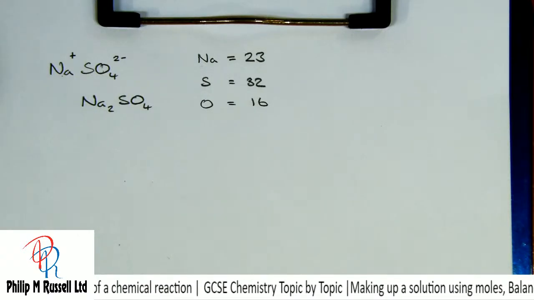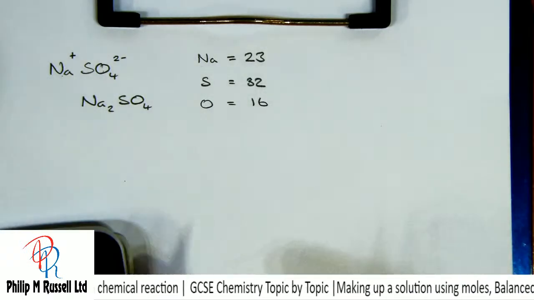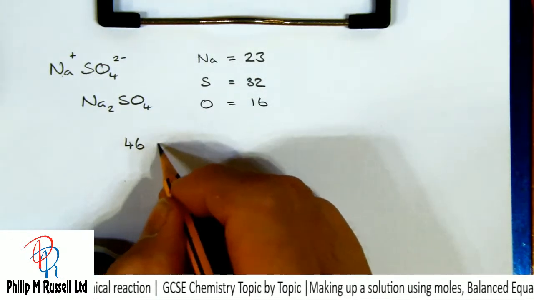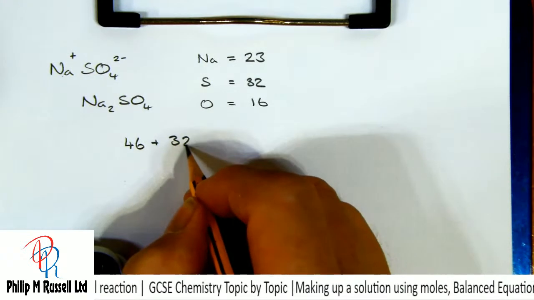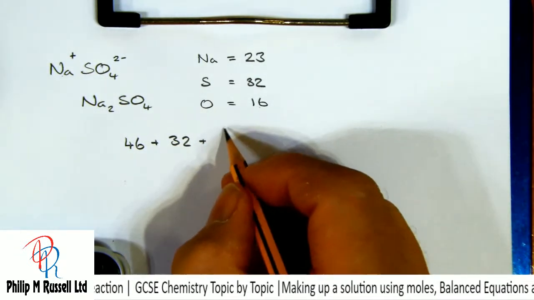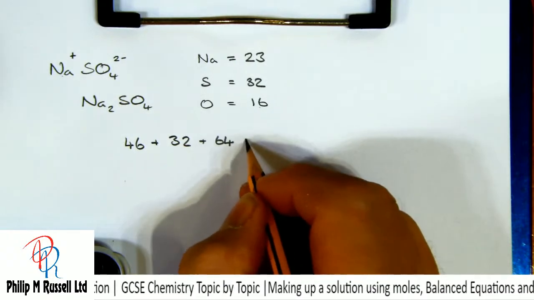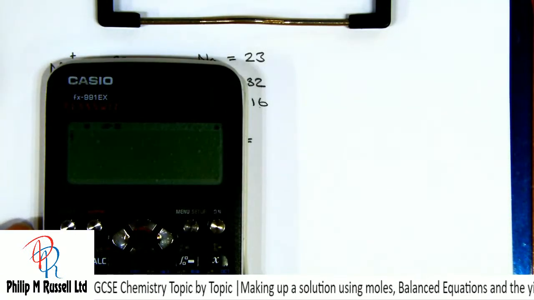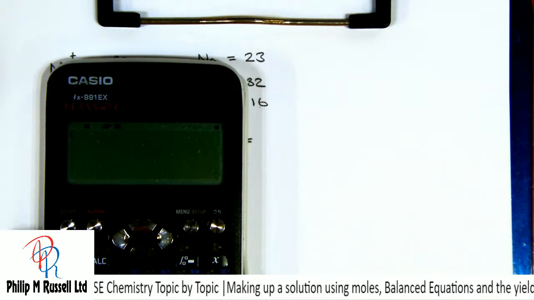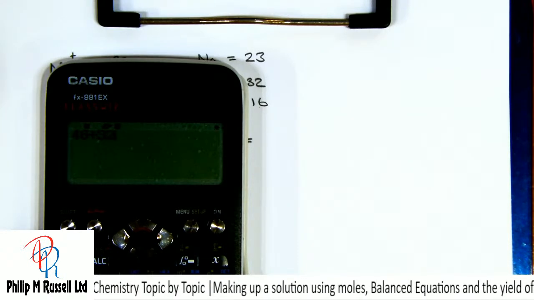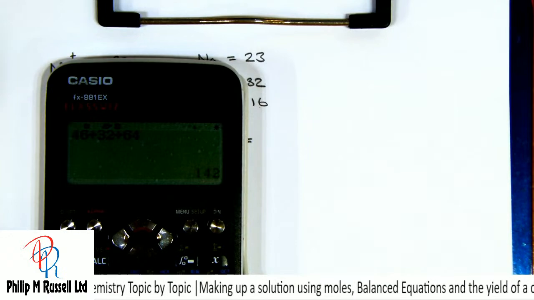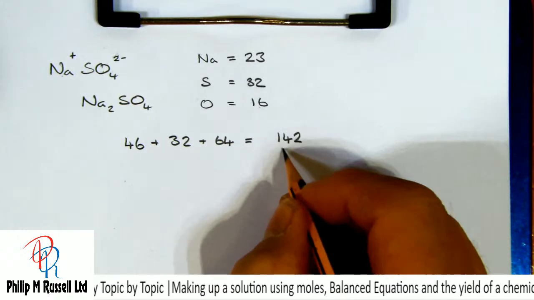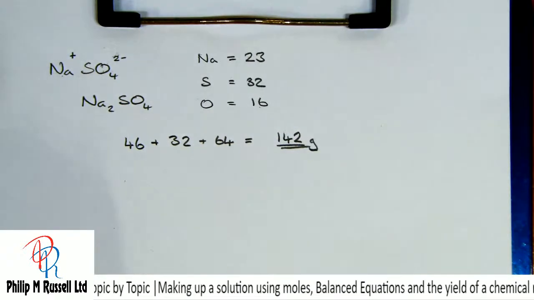So our formula mass is going to be 2 23s, which is going to give me 46, plus 32, plus 4 16s, which are 64, and I can just use my calculator here to add these up. So that's going to be 46 plus 32 plus 64, which is going to give me 142. So we can easily work out what we've got here.